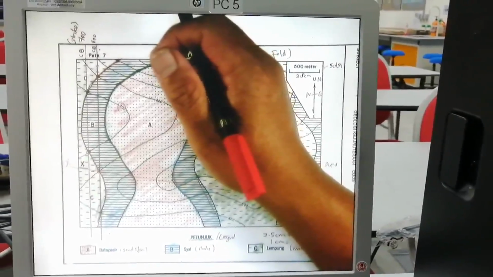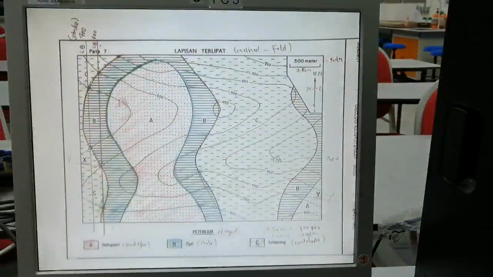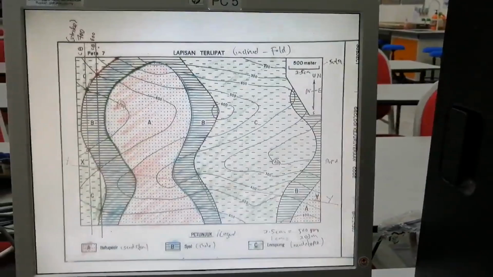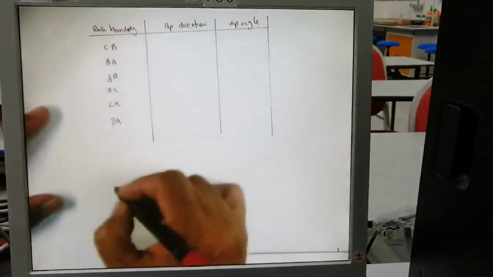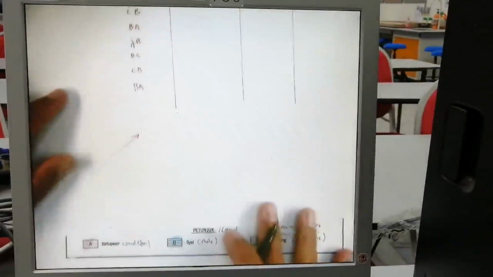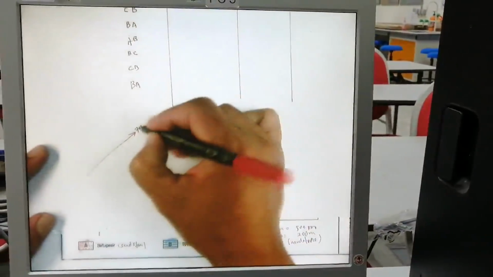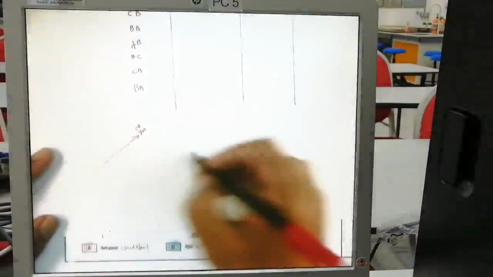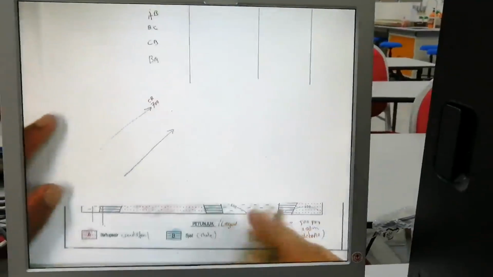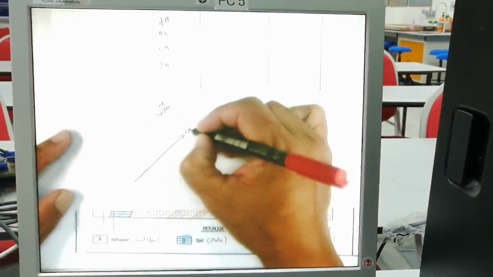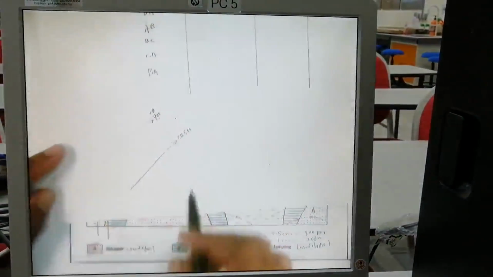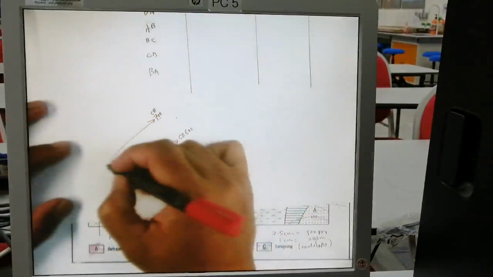First, let's measure the dip angle. What is the dip angle? If I have two lines, for example, this is CB 700, and I have another straight line, CB 600, meaning this is high at 700. It looks like this.